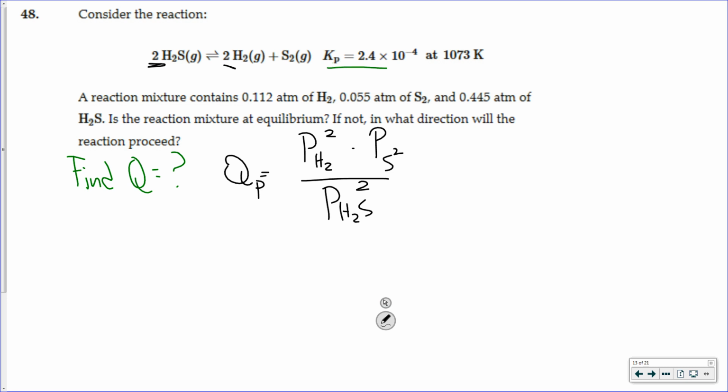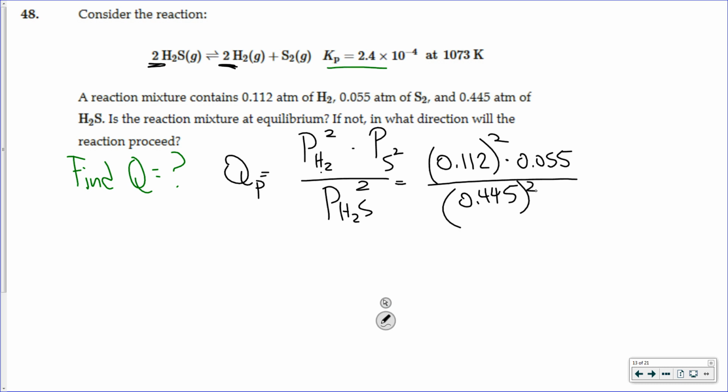The squares are because of the 2's. All right, I know all of those partial pressures. I'll just plug them in. So for the H2, it's 0.112 squared, times the S2 is 0.055, and then divided by the reactant, the H2S, 0.445, and I've got to square that one, and we come up with a value for Q.